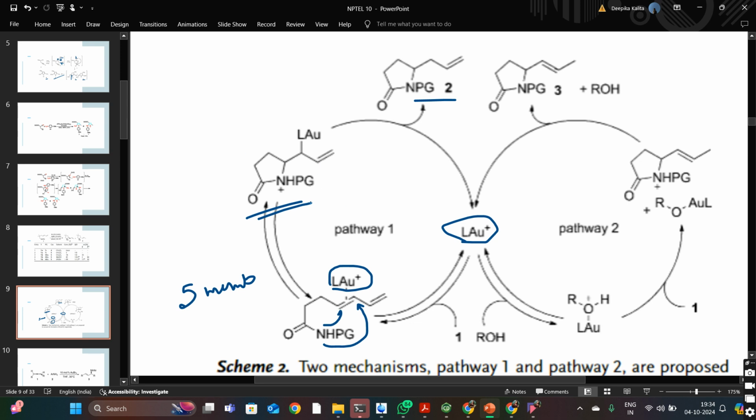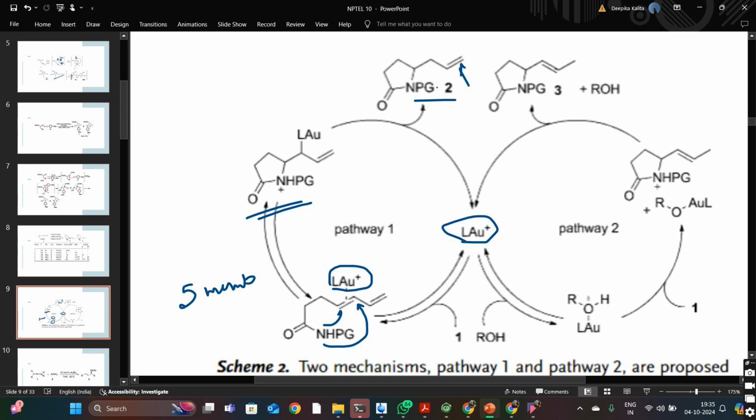Okay, and you get this intermediate. Now this intermediate upon workup is going to give you the product number 2. And in the product number 2, you have to notice that the alkene which is terminal in the substrate is not going to get isomerized. Okay, so this terminal alkene product you are going to get from pathway 1.